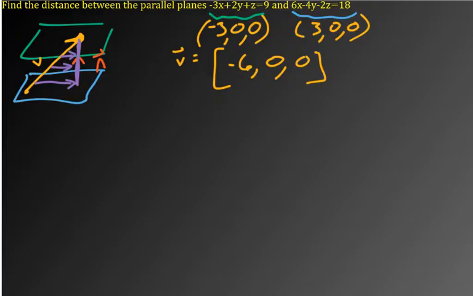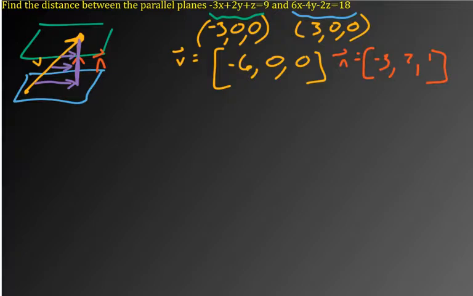That's just -3 minus 3. And then the normal vector is just the coefficients of either plane. These are smaller numbers, so let's do it with this one. So you can do (-3, 1) as the normal. If you did the other, it's just a scalar multiple of that, so smaller numbers are better.